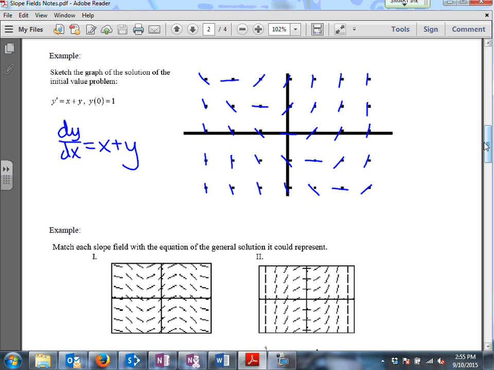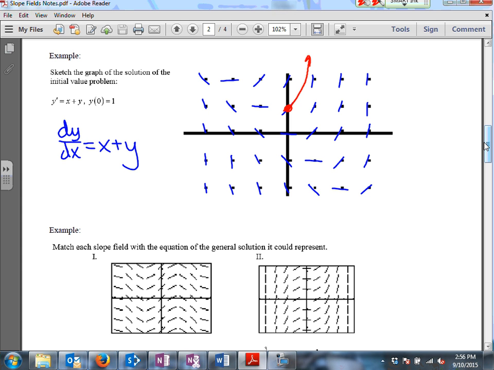So if I want a graph with the initial condition 0, 1, so when x is 0 right here, we need to follow these tangent lines to draw our curve. I like, let the wind take you. This is the wind blowing your curve. So where is this one going to go?